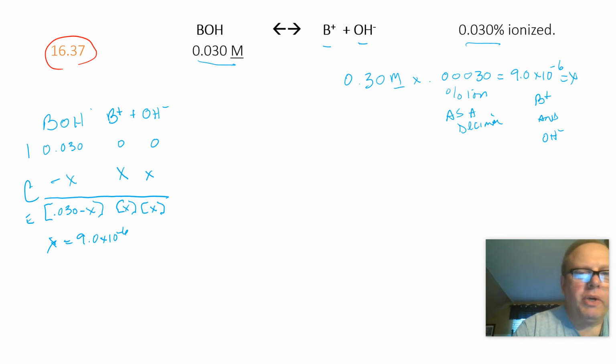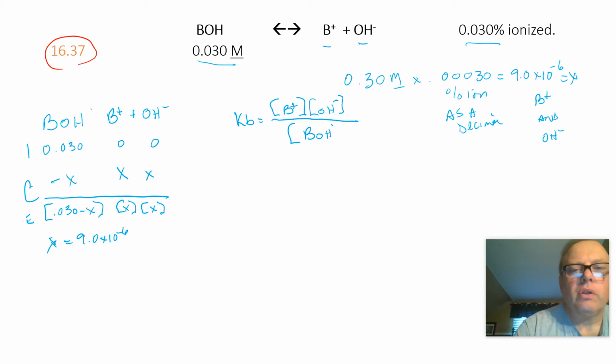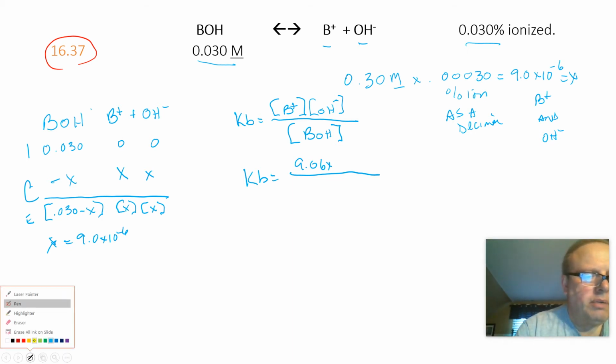So our Kb expression, Kb, which is what we're trying to find, is equal to, on the top, the two ions. On the bottom, the non-dissociated. So Kb is equal to, on the top, this 9.0. Where did I get that second 6 from? I apologize, my bad. Let me just grab an eraser.